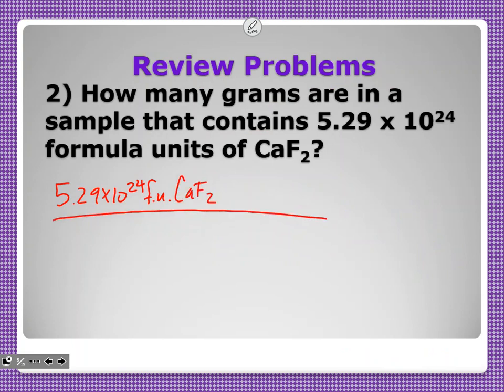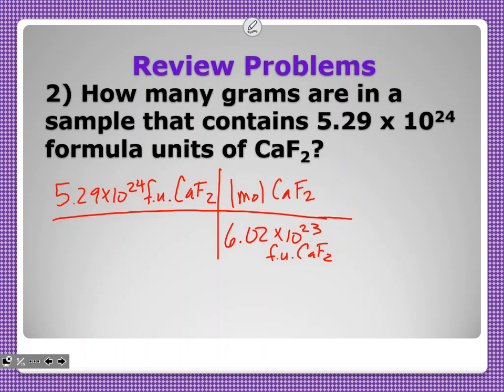And when we're using representative particles, the conversion number is, good, 6.02 times 10 to the 23rd, Avogadro's number. And that equals 1 mole of my substance here.